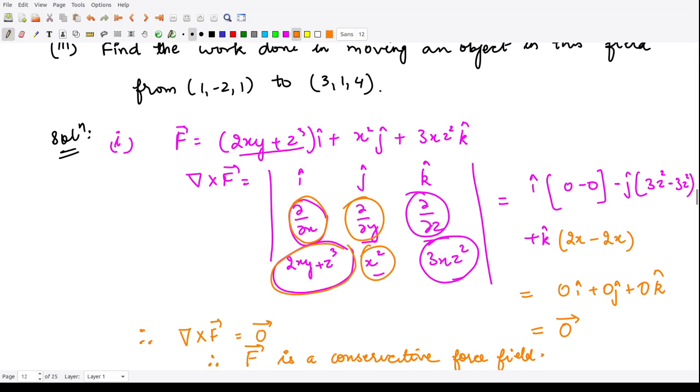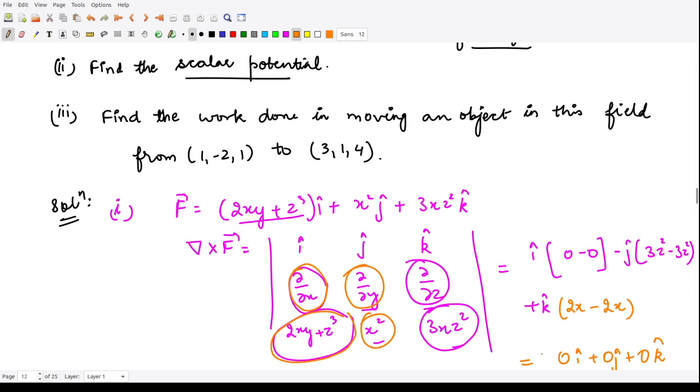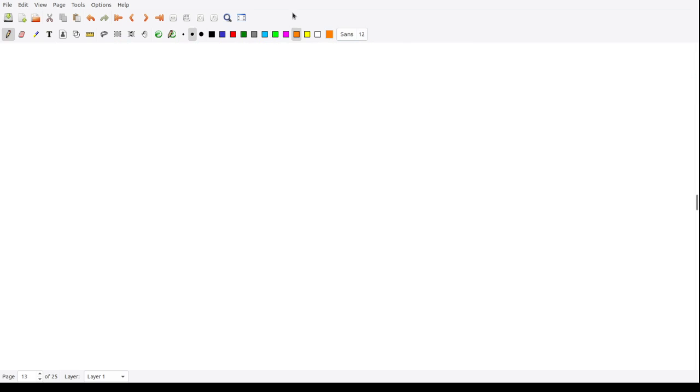For the second part, we wanted to calculate the associated scalar potential. Now if you remember the definition for scalar potential, what is that? We knew that if f is a conservative field, then we can write f to be the gradient of some function phi, which is the scalar field, and this phi is known as the scalar potential.